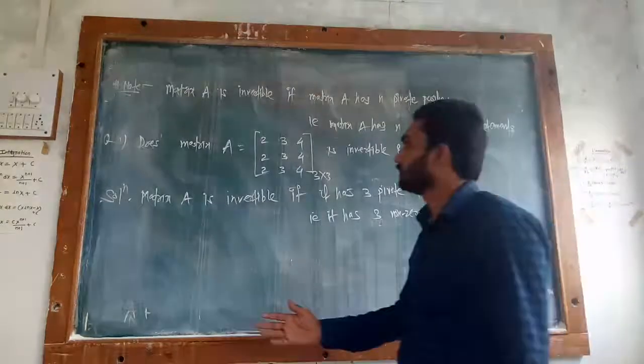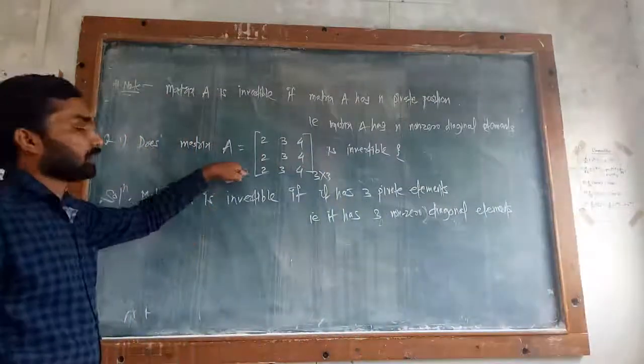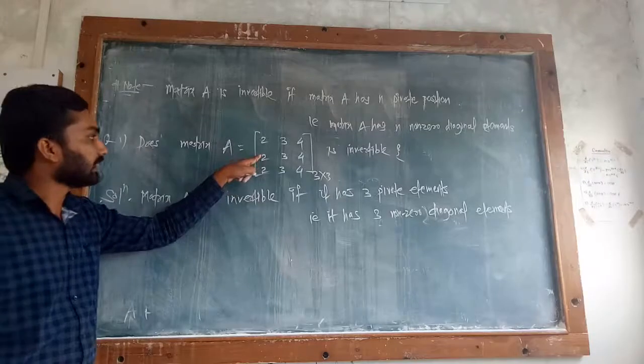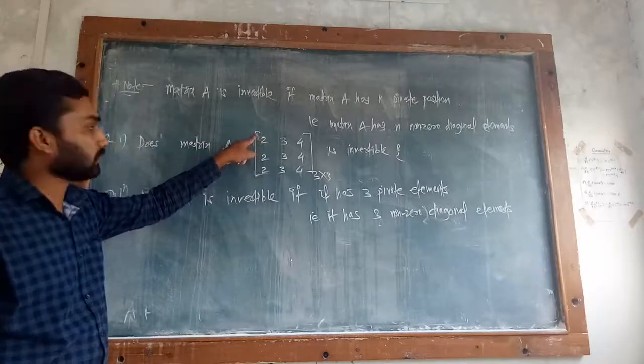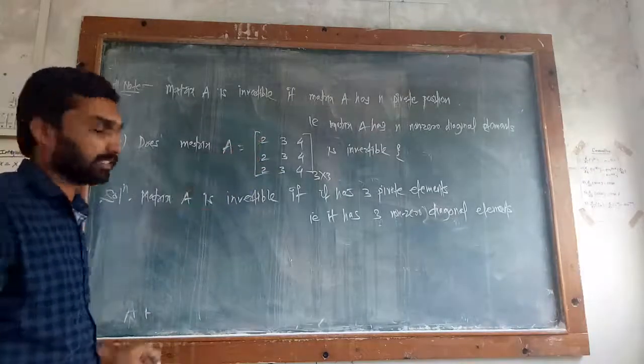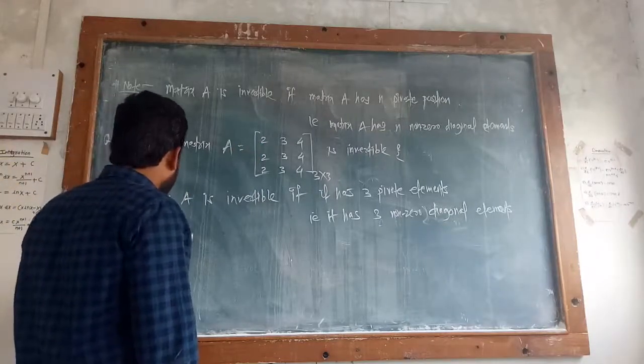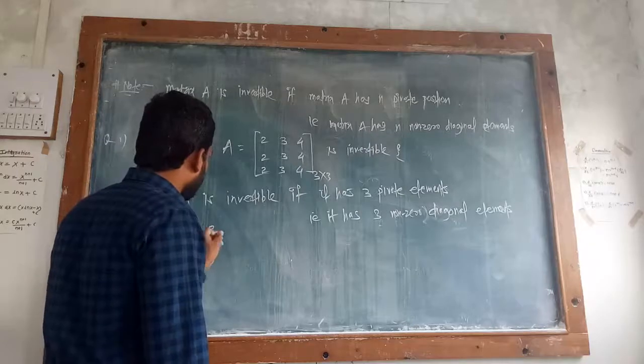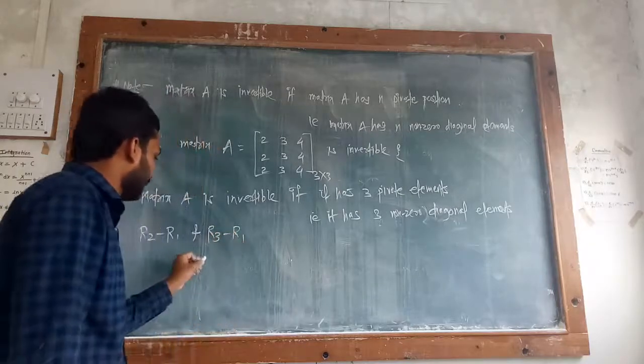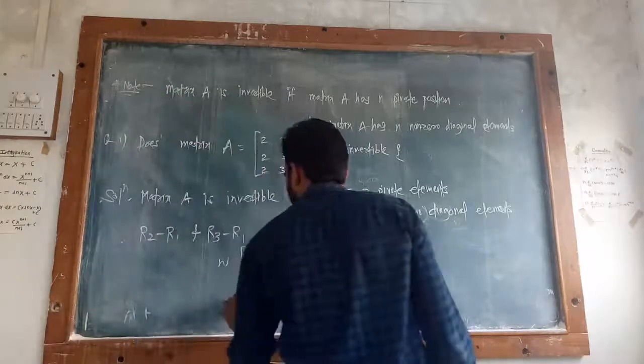So this is your matrix A. We use the row operations R2 minus R1 and R3 minus R1. Then your equivalent matrix becomes.